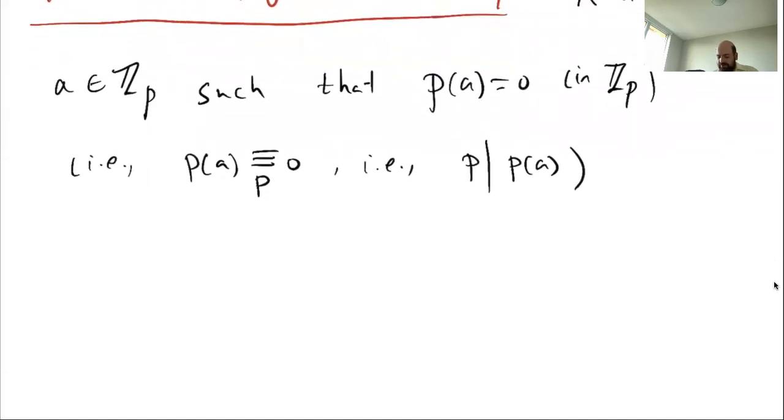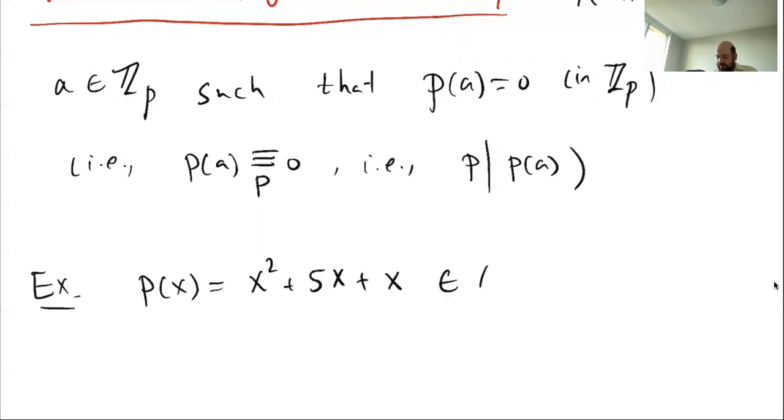So let's look at an example. Let's say P(x) equals x squared plus 5x plus x as a polynomial in Z7.